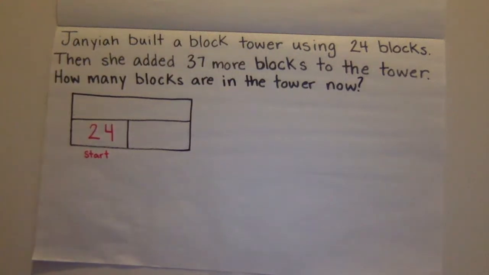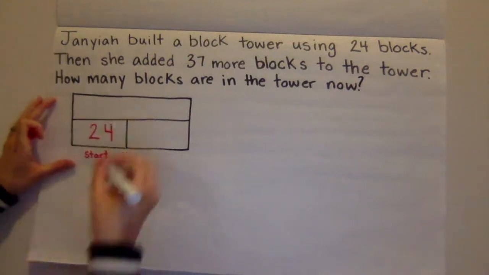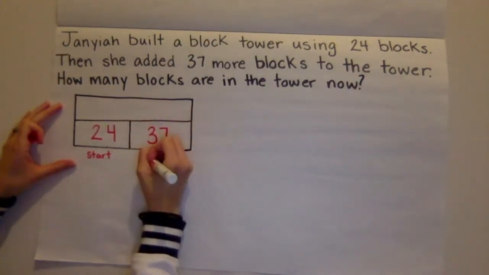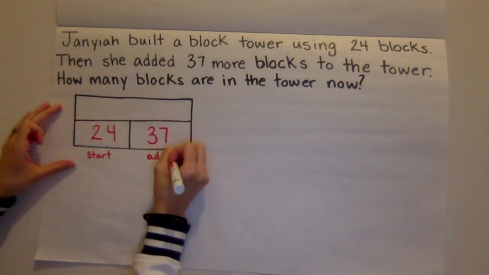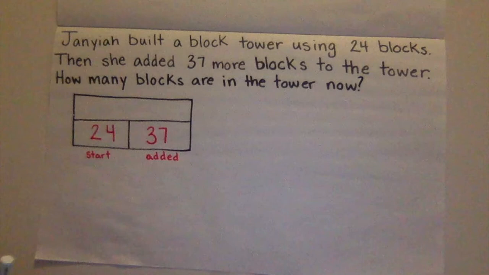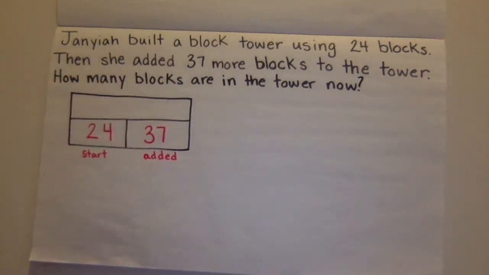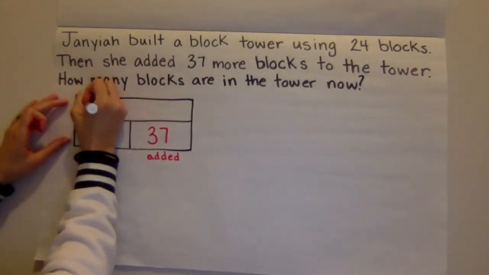So is that another part or is that the total? Yeah, that's just another part. She added 37 more. So I wrote the word added because that's how many she added together. So that means we need to figure out the total. So go ahead and put your question mark.